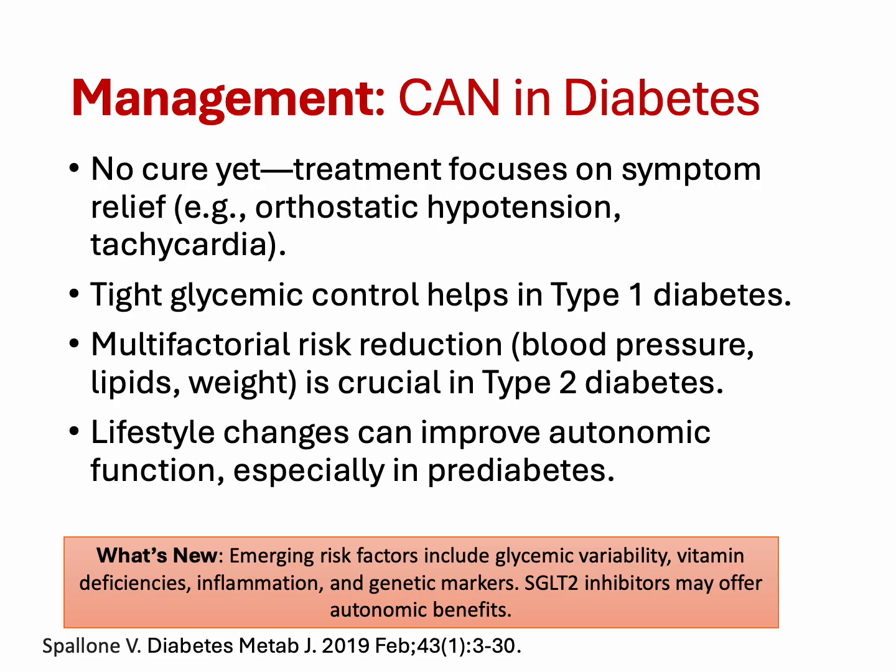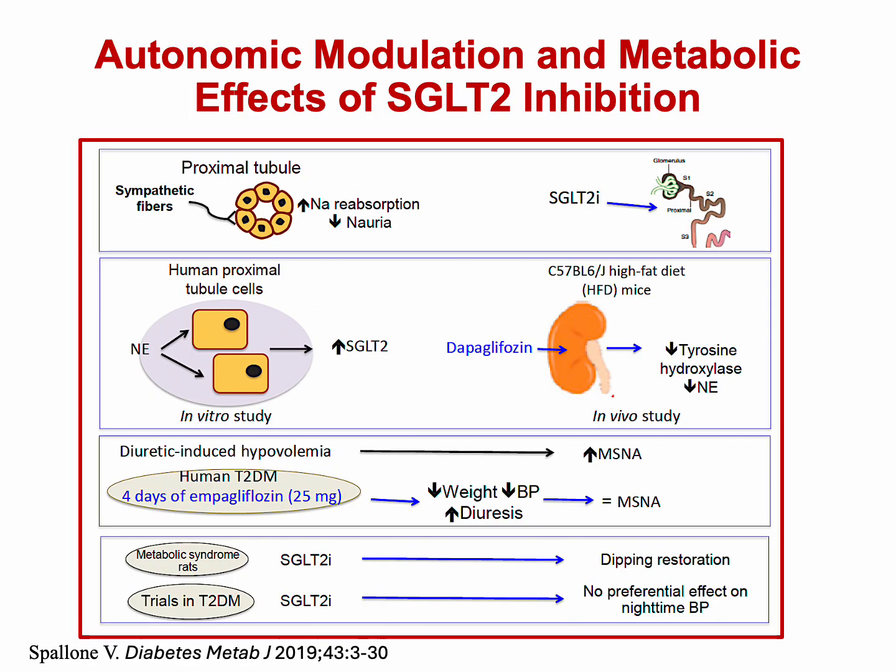inflammation, and genetics. SGLT2 inhibitors may offer new autonomic benefit, such as in this next slide, and newer anti-diabetic drugs, as mentioned before, like SGLT2 inhibitors may support autonomic and metabolic health.